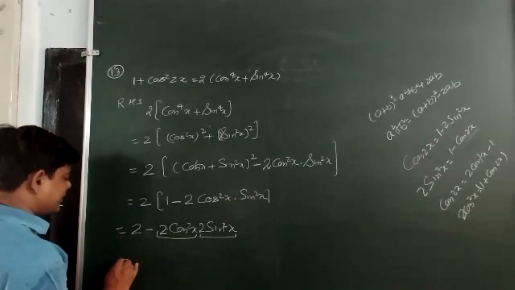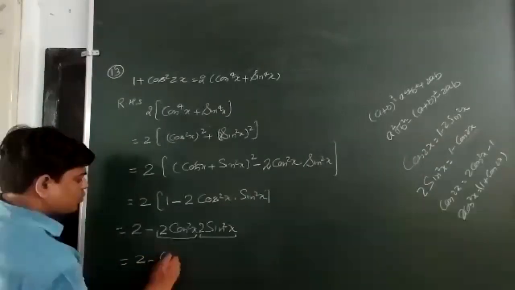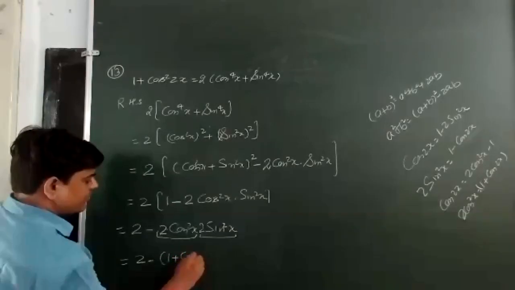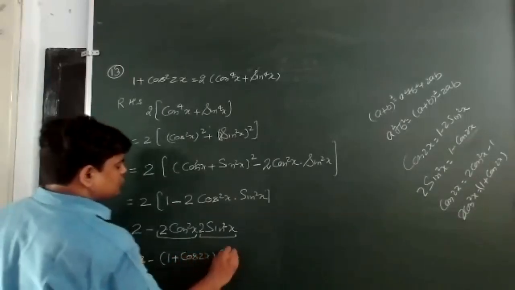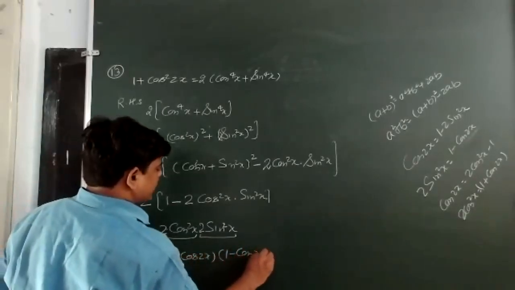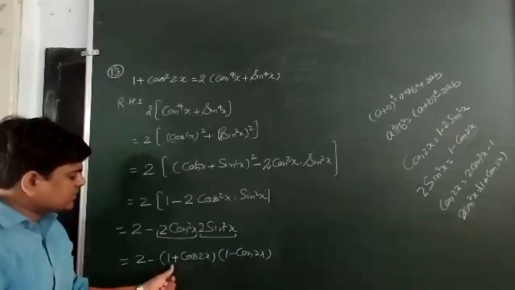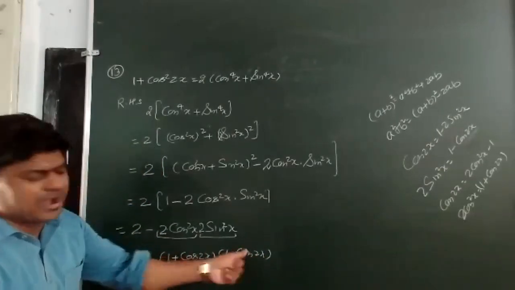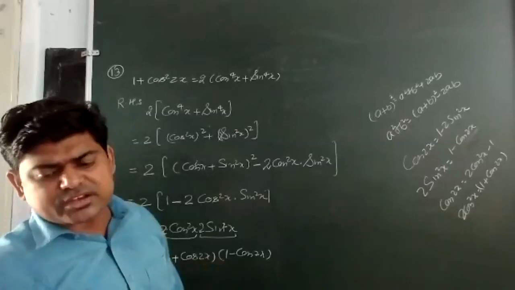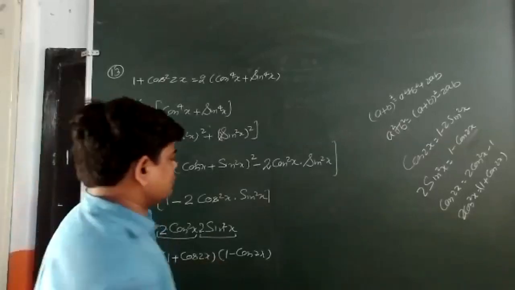So when I write it, it is 2 minus (1 plus cos 2x) into (1 minus cos 2x). Now it is a plus b and a minus b, so definitely the next line can be written as a square minus b square.